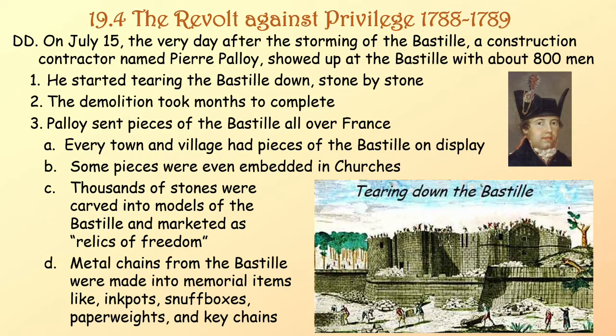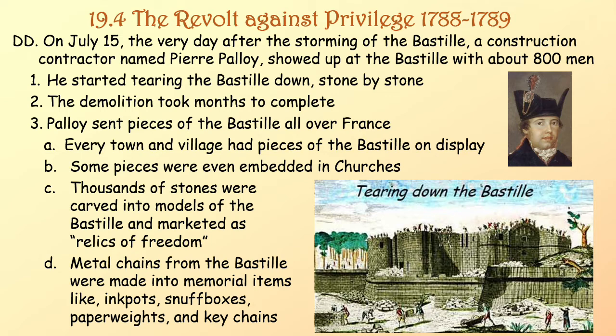On July 15th, the very day after the storming of the Bastille, a construction contractor named Pierre Palloy showed up at the Bastille with about 800 men. And he started tearing the Bastille down, stone by stone. The demolition took months to complete. Palloy sent pieces of the Bastille all over France.